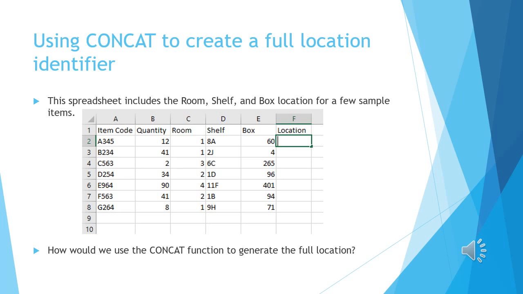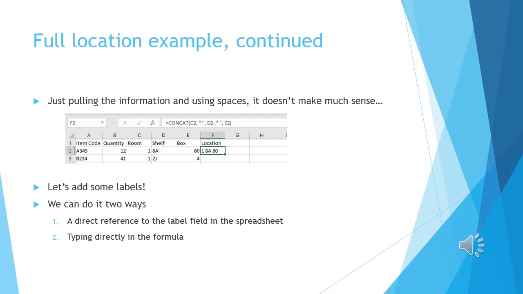How would we generate a full location identifier in the last column? We can start by doing what we did in the last example. But even though I've added spaces like we did before, the data doesn't make sense at a glance. 1-8A60. What does that even mean?